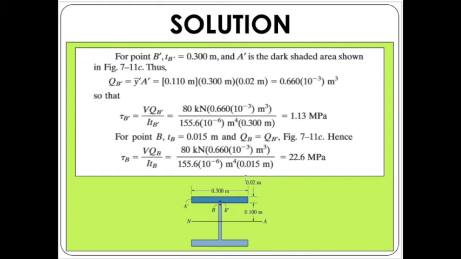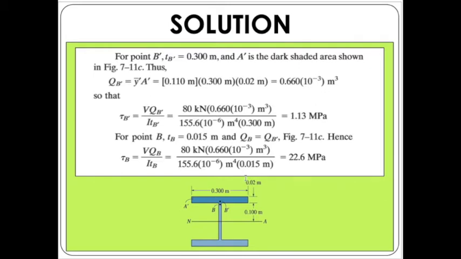For point B prime, t B prime is equal to 0.3 meters. This 0.3 meters is actually the width. It is t, not tau. And for A prime as well, we are going to consider 0.3 meters.